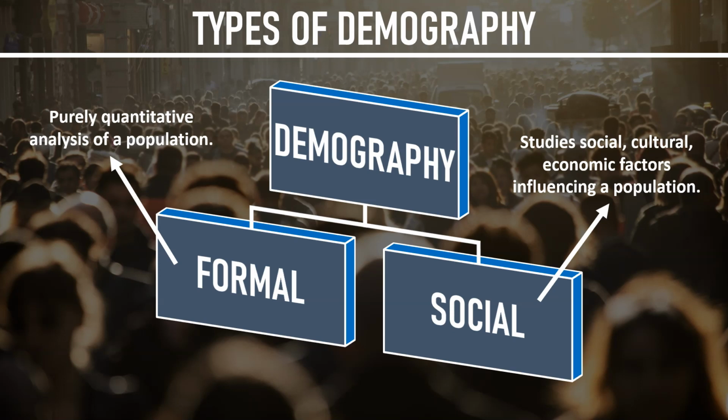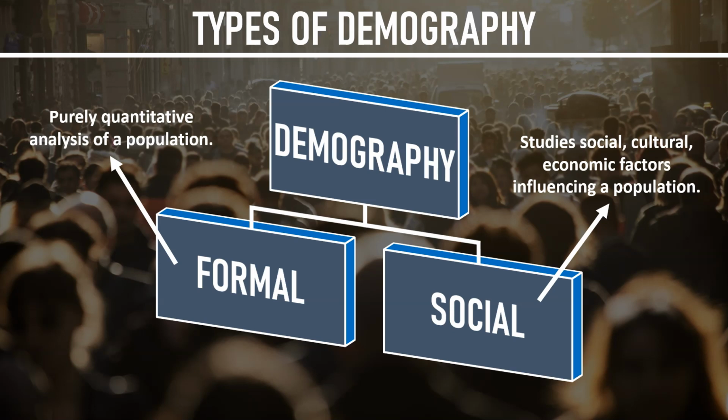Whereas the social demography is based on studying the social, cultural, and economic factors that influence a population. So it studies how society is connected, social organization patterns, how the economic factors influence births and deaths and migration, how culture defines population density. All of these factors are studied in social demography.